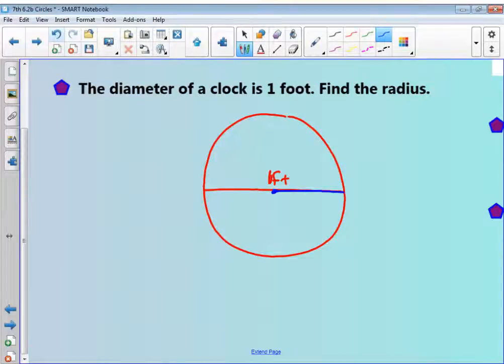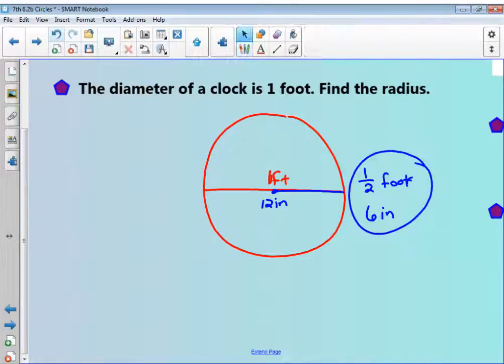There's a couple different ways you can do that. You can say that it's half of a foot, or you could change this into inches, which would be 12 inches, and you could do half of that. So 12 divided by 2 would give us 6 inches. Either of these would be acceptable.